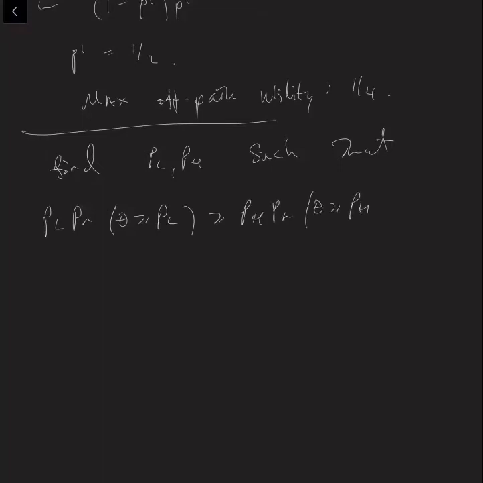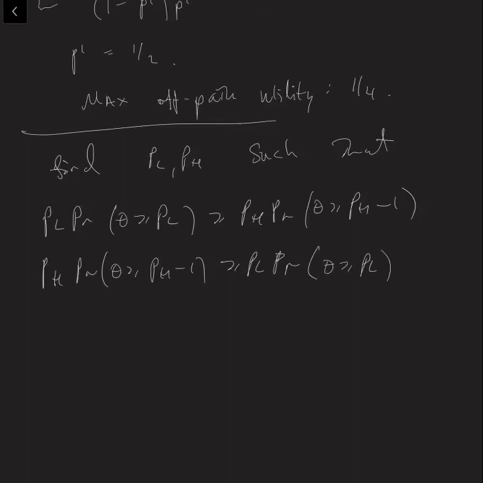What this is saying is that we want Monica's utility from offering a low quality flat at PL to be greater than the utility she gets from offering a low quality flat at PH. And then we want her utility from offering a high quality flat at PH to be greater than the utility she gets from offering a high quality flat at PL instead of PH.